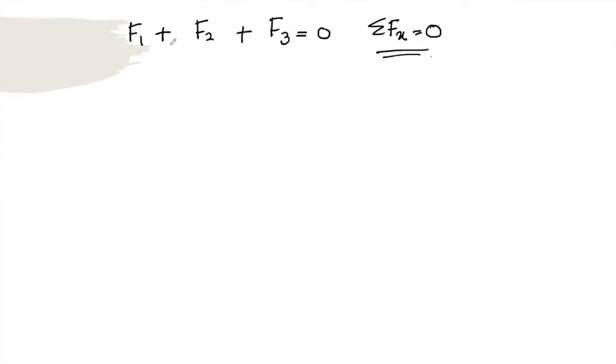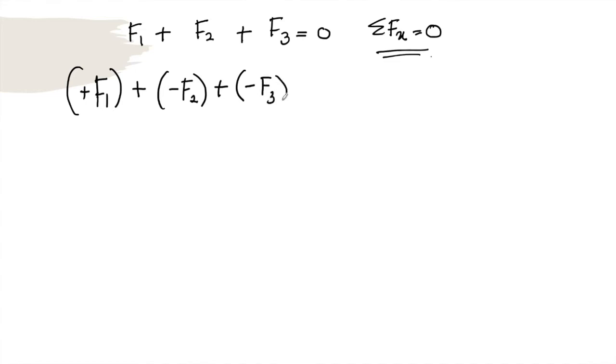So F1 plus negative F2 plus negative F3 equals 0.